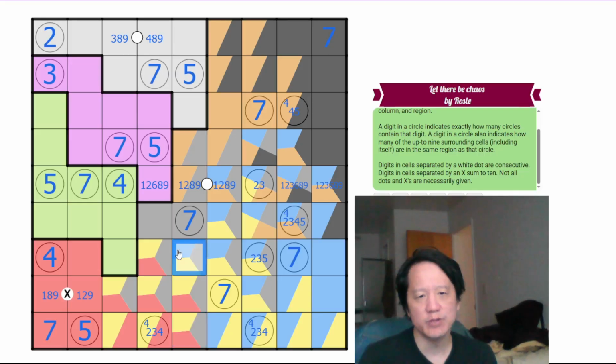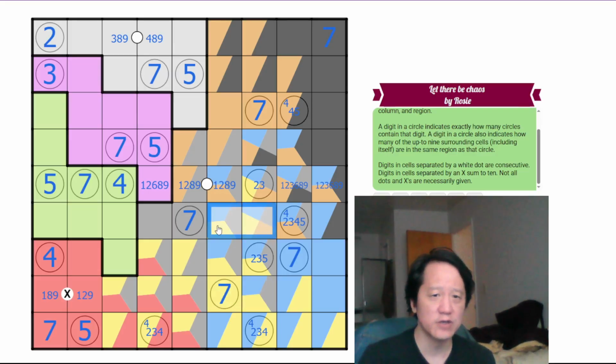Okay, this can't be blue because if it's blue, both of these would have to be blue, and then this wouldn't have 7 surrounding it. This can't be. I mean, technically, it could be yellow. Technically, it could be blue. Okay, never mind.